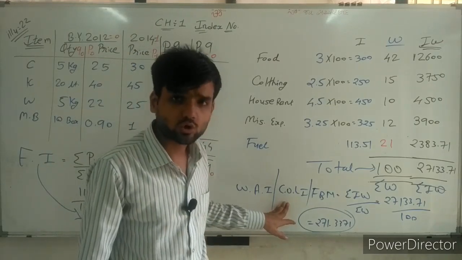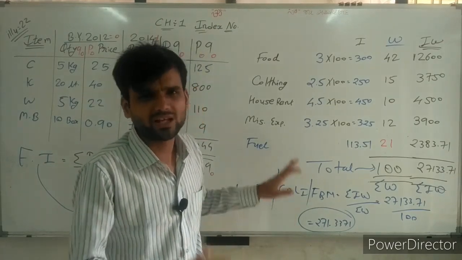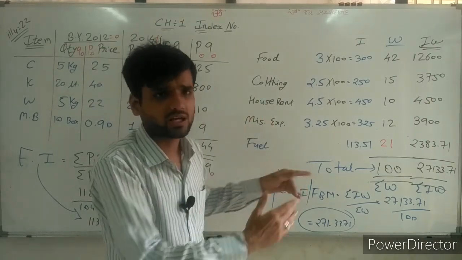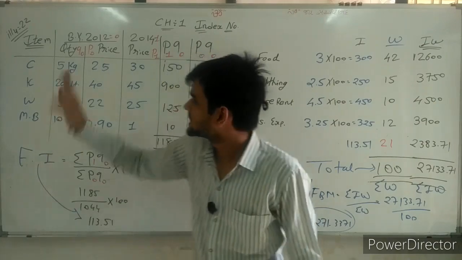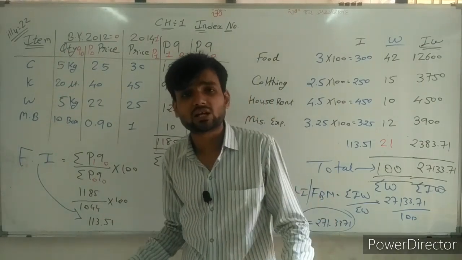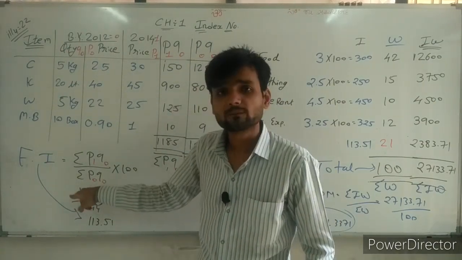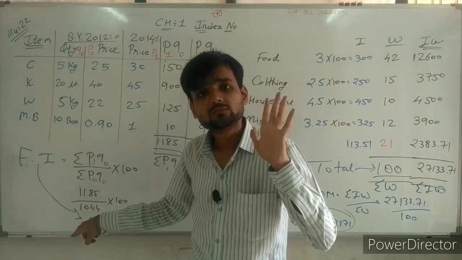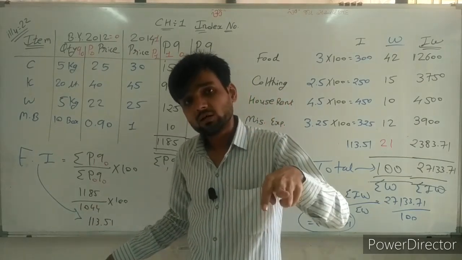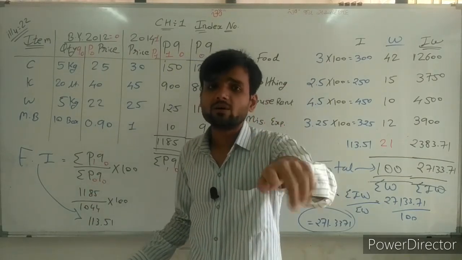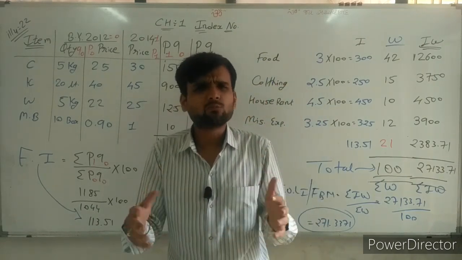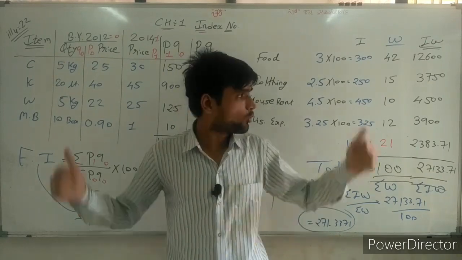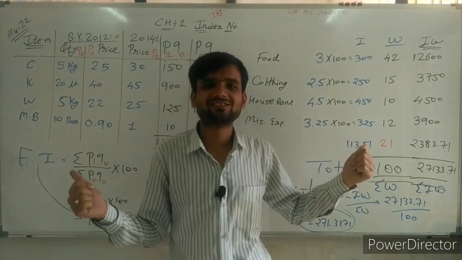So you can use the cost of living index number also, but it depends on the particular data. If IW is given, then cost of living index number. If this type of information is given, total expenditure method, but what is the total expenditure method? Last pair method first. Second, if it is not applicable, then try the partial method.